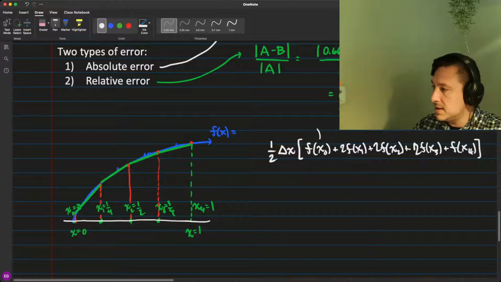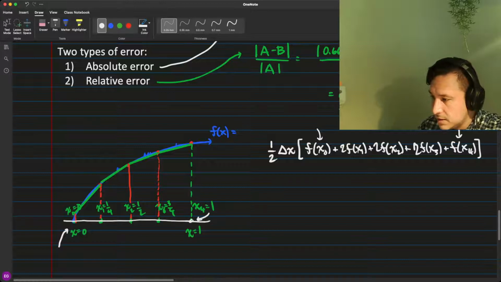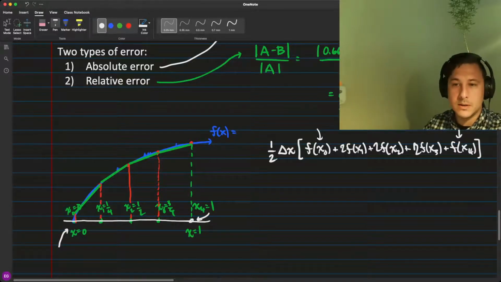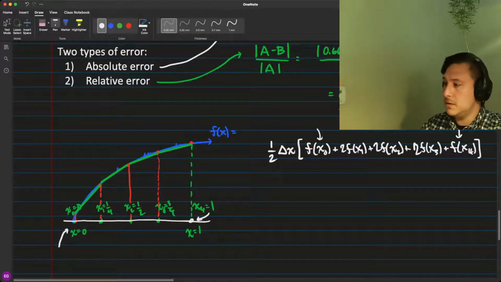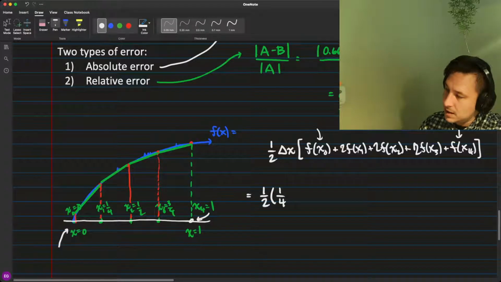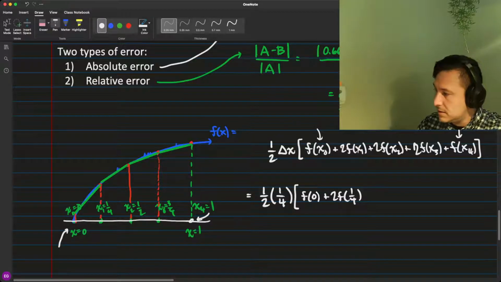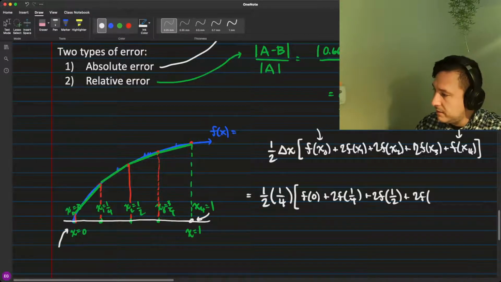So notice x0 and x4, those are the starting point and ending point right here. Right? I'm starting at 0 and I'm ending at 1. So what I'm going to get is 1/2 times 1/4 times f of 0 plus 2 times f of 1/4 plus 2 times f of 1/2 plus 2 times f of 3/4 plus f of 1.